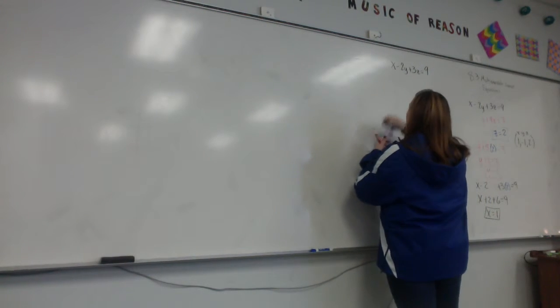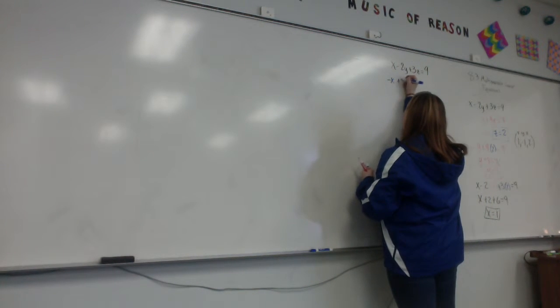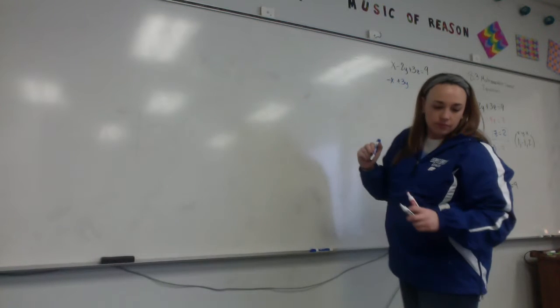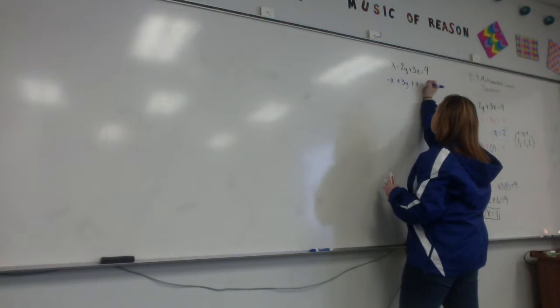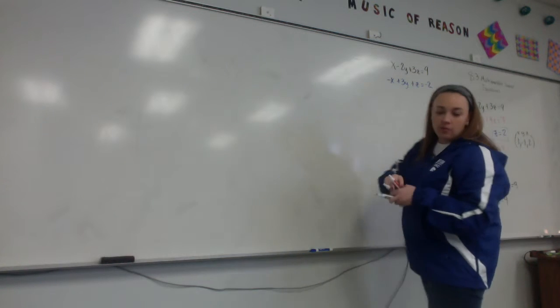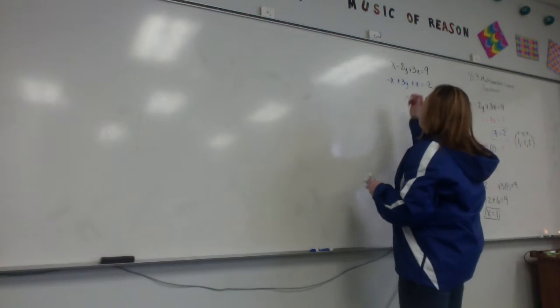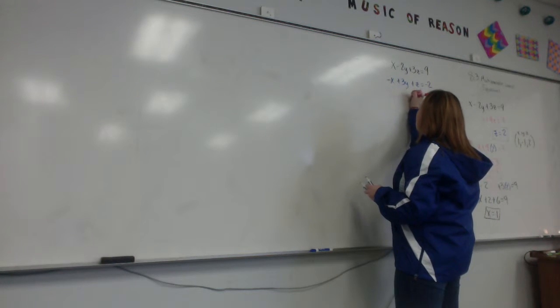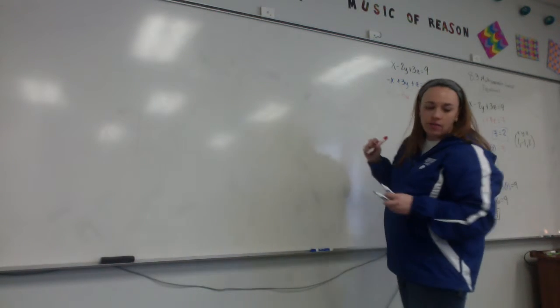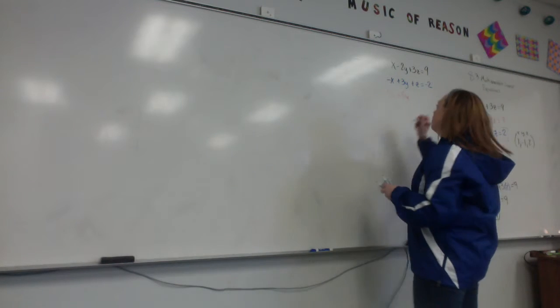Then we're going to do negative x plus 3y plus z equals negative 2. And then we're going to do 2x minus 5y plus 5z equals 17.